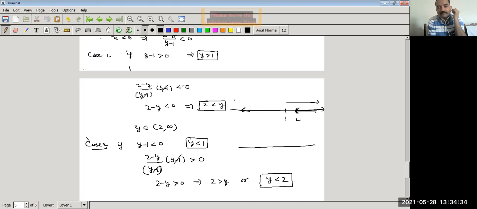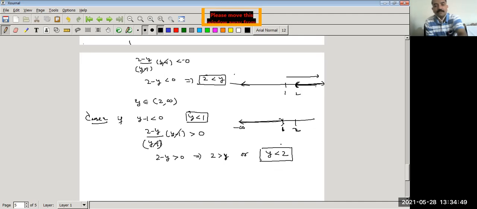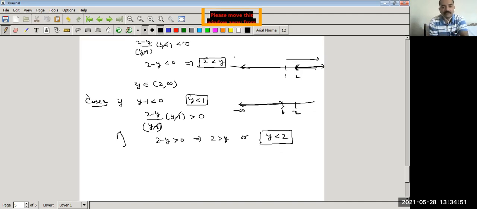from both of these we can find out that this is minus infinity, this is 1, this is 2. So out of these we get the solution set is this. So in the second case we get y belongs to minus infinity comma 1.